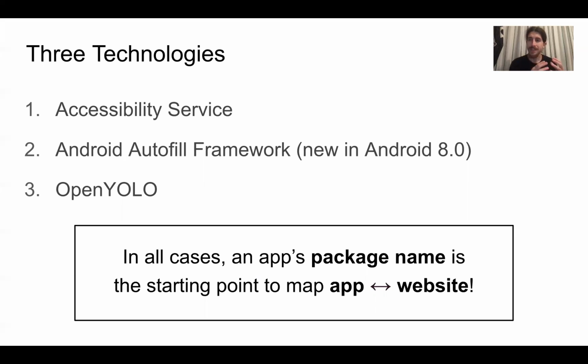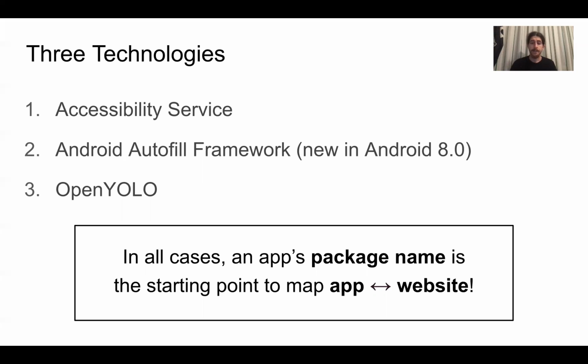So they always start from the package name, and then map a package name to these credentials. For example, the real package name of Facebook is com.facebook.katana. Then somehow they understand, hey, this is the package name for Facebook, or it looks like it, so we're going to provide the credentials from facebook.com.